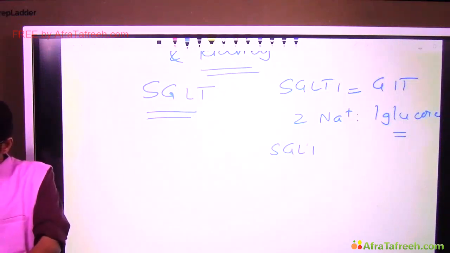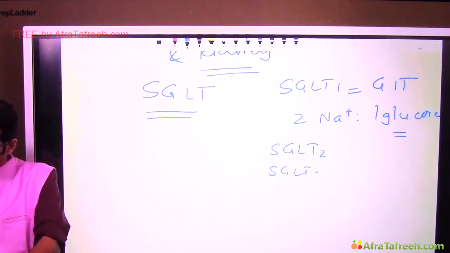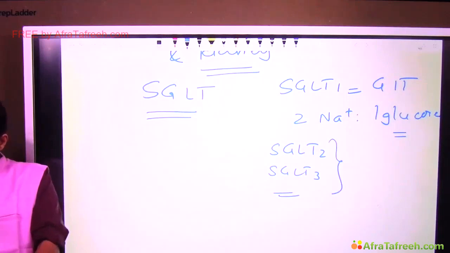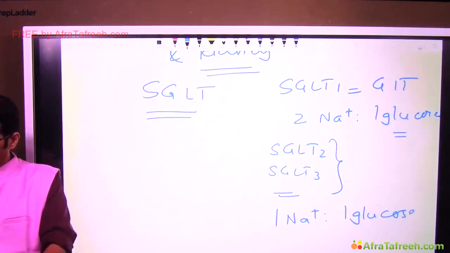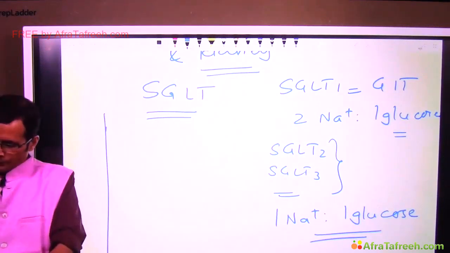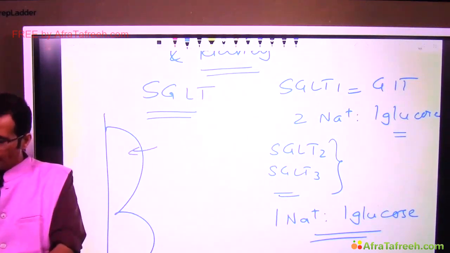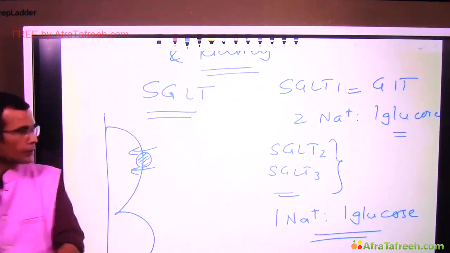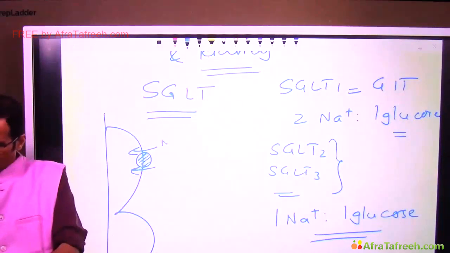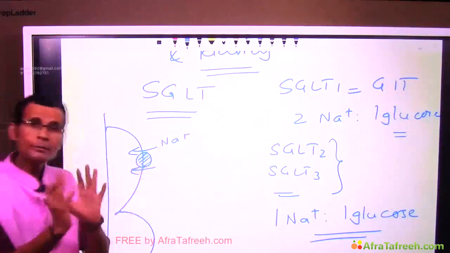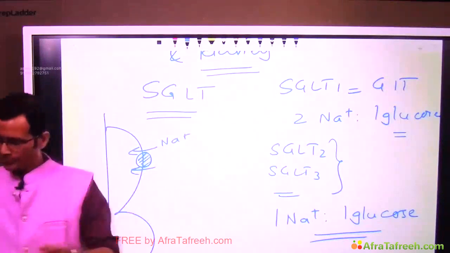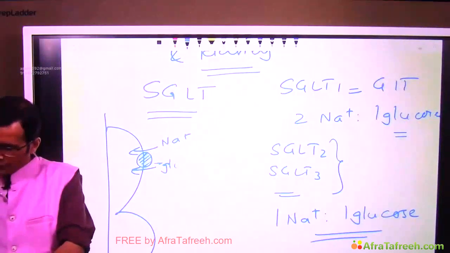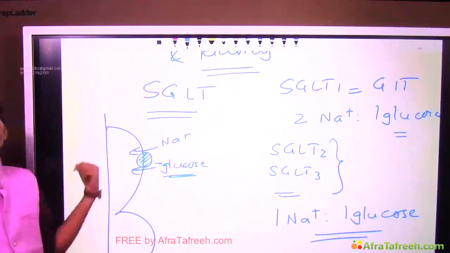Whereas SGLT2 and SGLT3 are predominantly in the kidney and they carry 1 sodium to 1 glucose. Please remember again, they are both entering the cell, so they are both going in the same direction, but sodium is going from its high to its low concentration and glucose is going from its low to its high concentration.